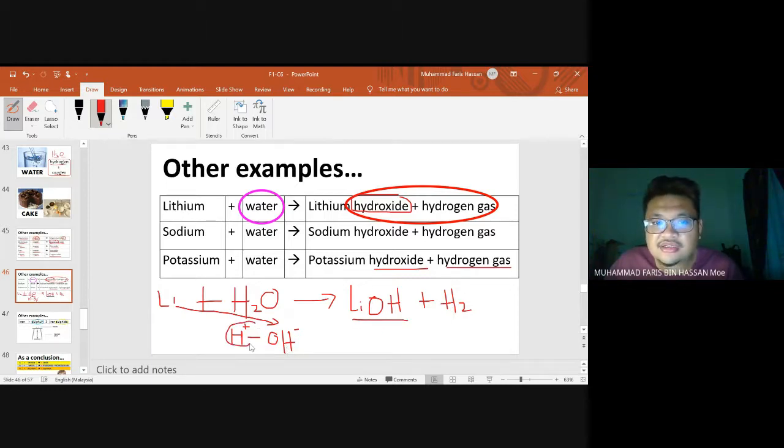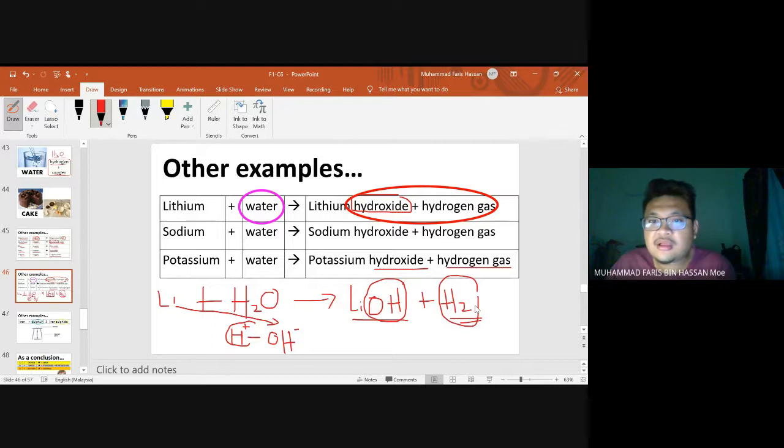And this hydrogen will react with the other hydrogen. This H will form the hydrogen gas. When we balance this equation, we will get the answer why this forms lithium hydroxide: because the hydroxide comes from the OH, lithium from Li, and hydrogen gas from this one.